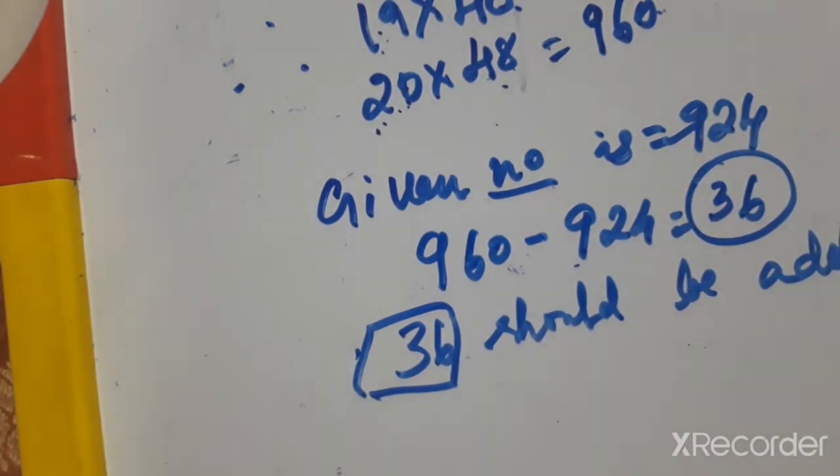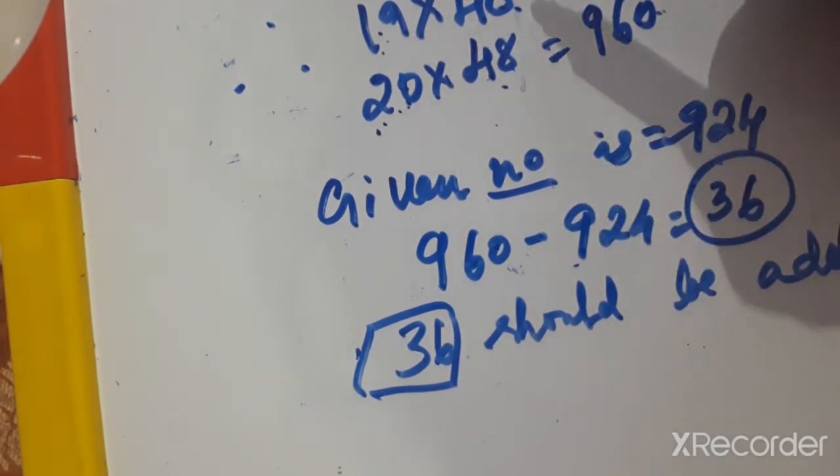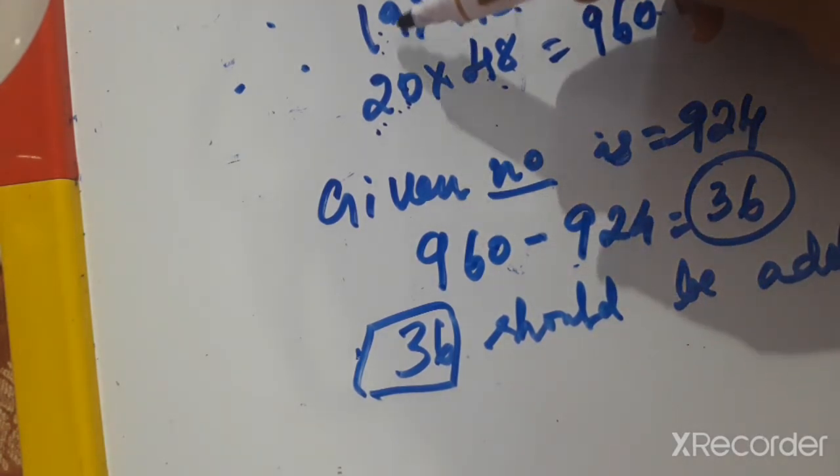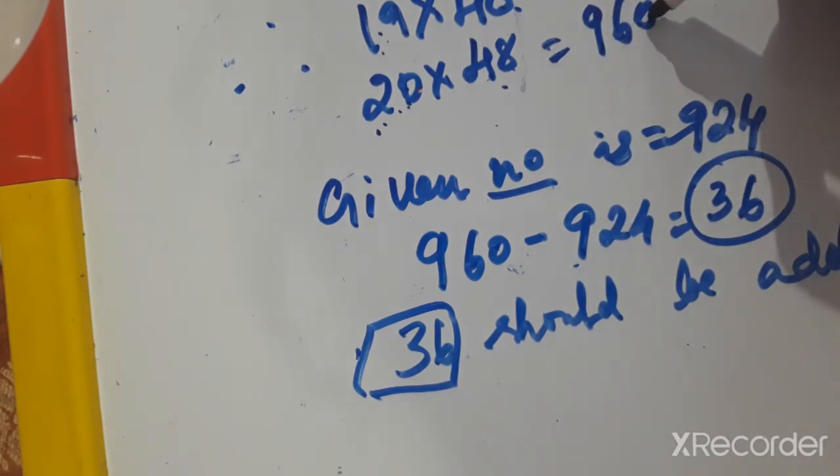Finding the quotient of 924 divided by 48, that is 19, we know that. Quotient is 19, remainder is 12. 19 into the divisor 48 is 912, which is exactly divisible. Then the next number after 19 is 20. 20 into 48 we have to check, that is 960 after multiplying.